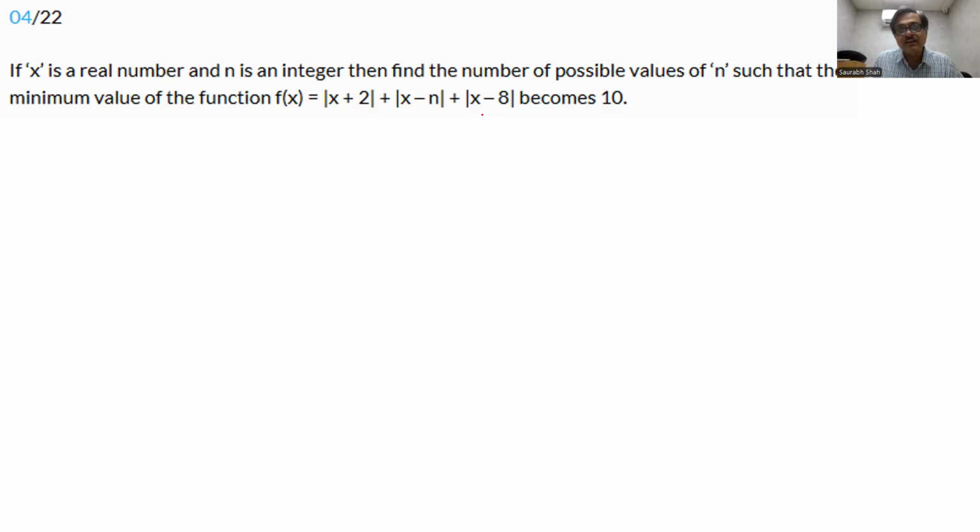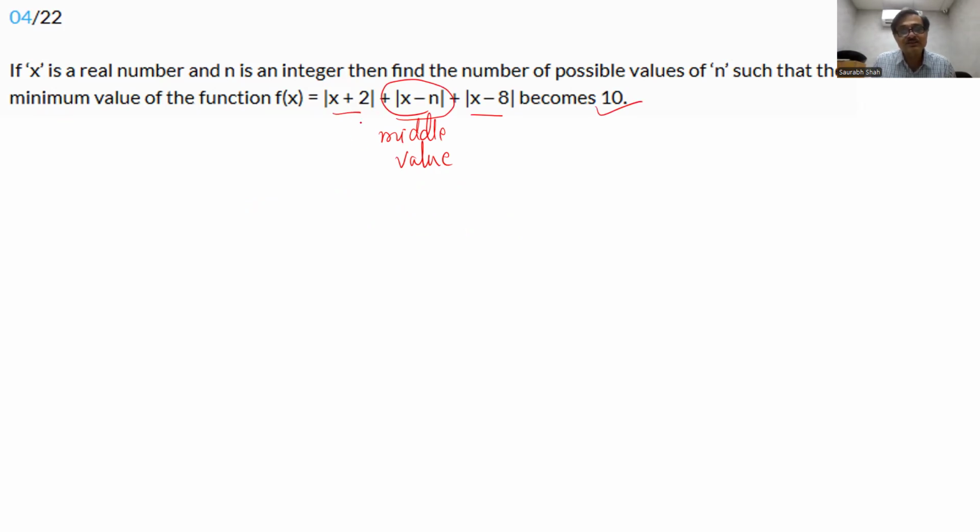Now, this already gives you a minimum value 10. Now, when there are 3 moduli, the minimum value is achieved when the middle value out of the 3, the middle value must be 0. And that means this must be the middle value. X minus n must be between these two moduli.